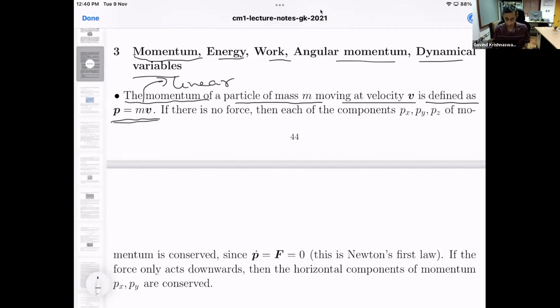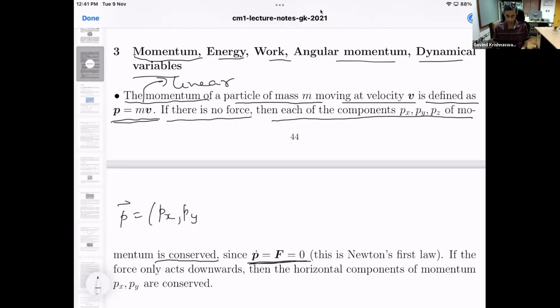Now, if there is no force, that is, if it's a free particle, then each of the components of this linear momentum is conserved. And that is a consequence of Newton's second law, which says that the rate of change of momentum is equal to the force, but if there is no force, then p dot is 0, and p is equal to px, py, pz. So each of these components must be independent of time.